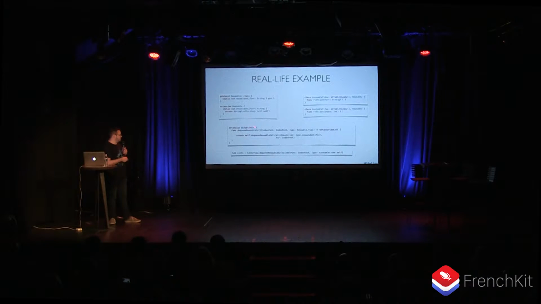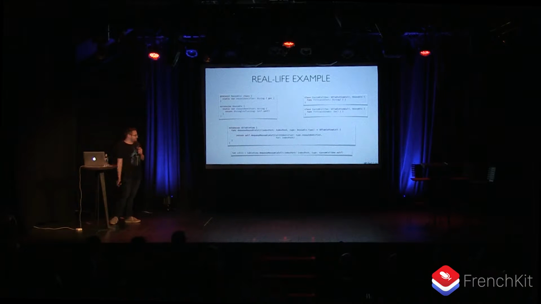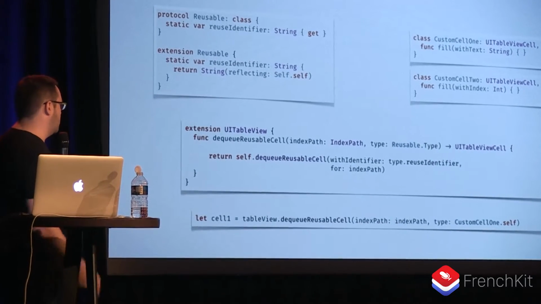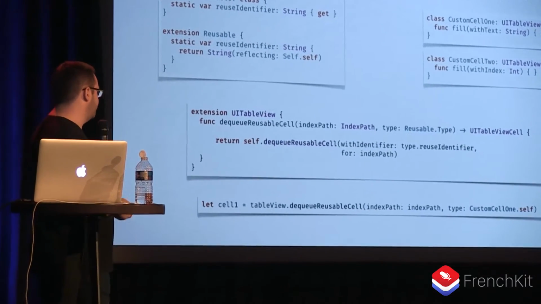That's so useful to use this way that we can make an extension on UITableView to be able to use that everywhere. So let's do that. We can now create a new function on UITableView called dequeueReusableCell that will take a type as a parameter instead of a string, and it will just wrap our call we just made previously.